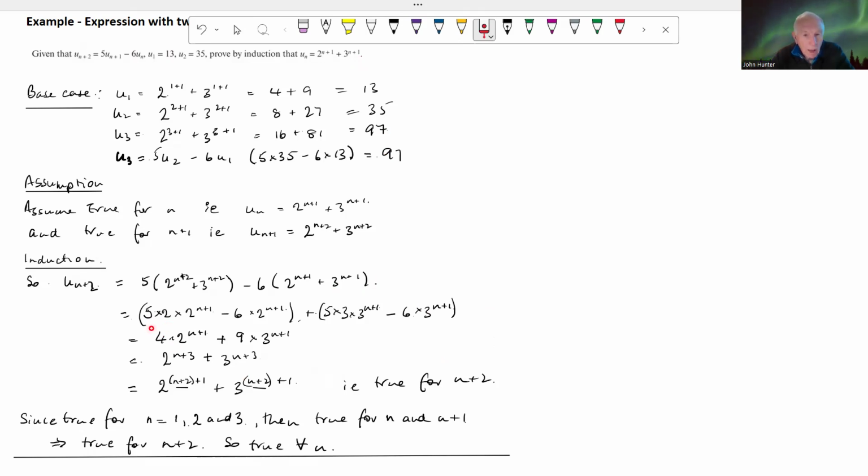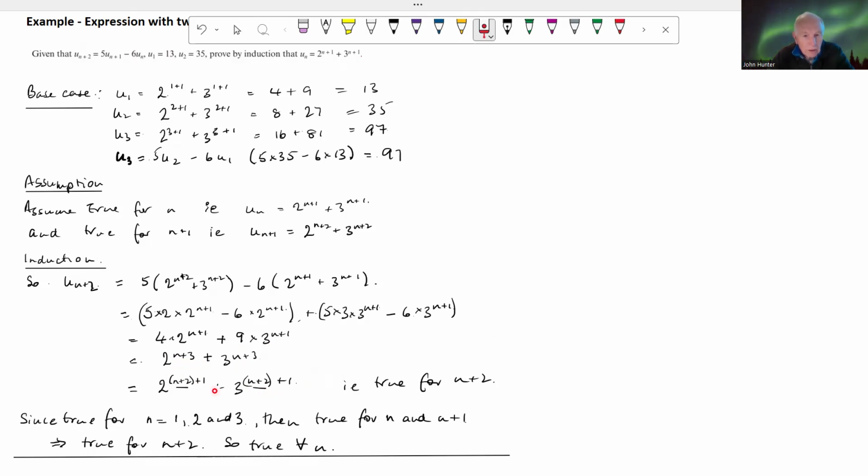If we group these terms together into this and these into this, then that's 10 there, and there's 6 there, so it's 4 lots of 2 to the power of n plus 1. And that's 15, and that's 6, so that's 9 lots of 3 to the power of n plus 1, which we could restate as 2 to the power of n plus 3, 3 to the power of n plus 3.